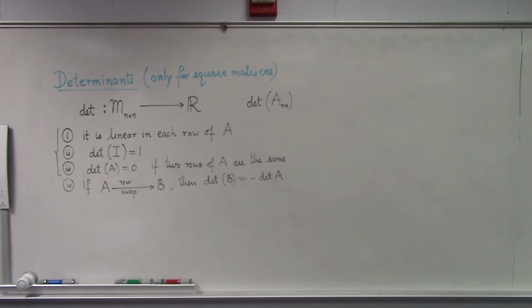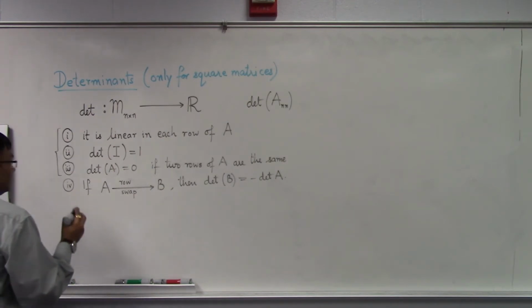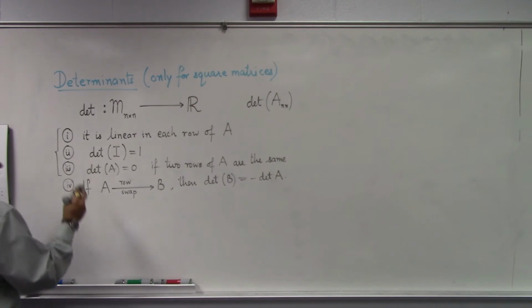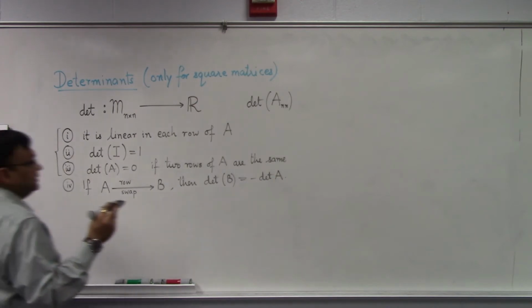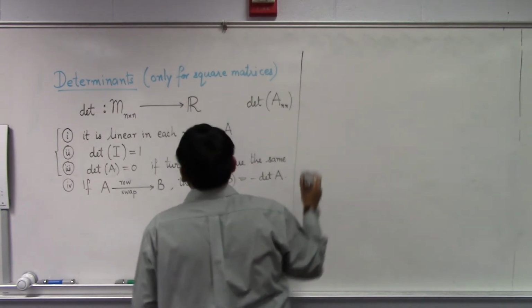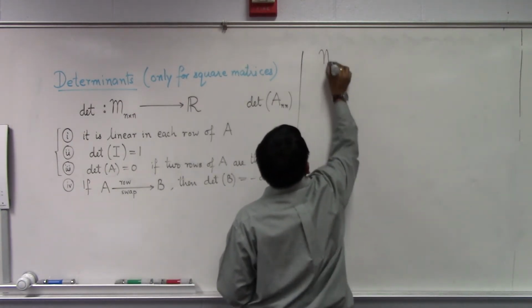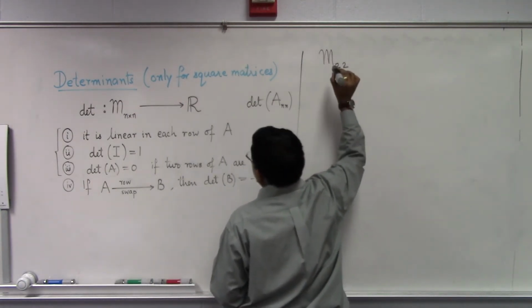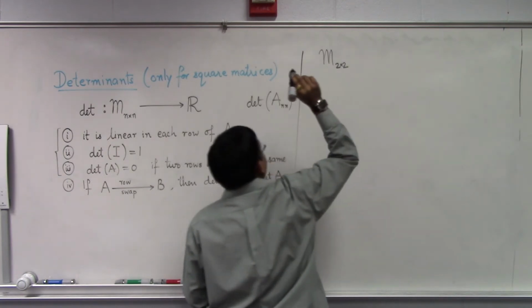So in some sense, determinant becomes a unique function if I force it to have these properties. There cannot be any other function. But before I proceed, I should try to explain what I mean by linearity in each row. So let me first deal with the 2 by 2 case, where we have matrices of size 2 by 2.